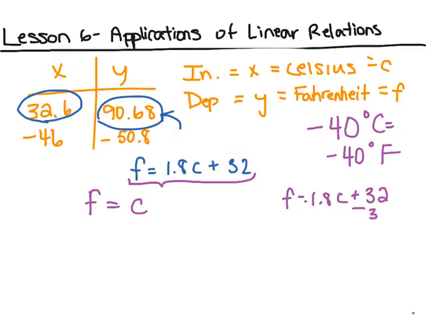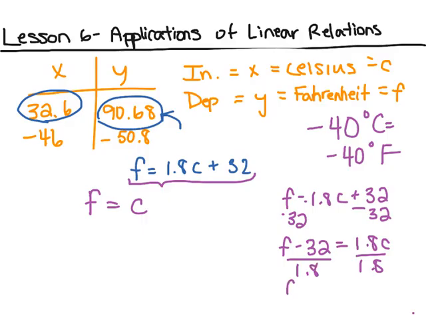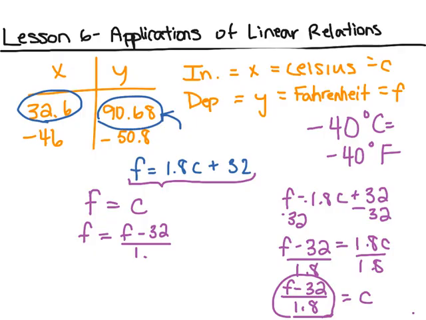We're going to minus 32 from both sides. So you have F minus 32 is equal to 1.8 C. Now we're going to divide by 1.8. So C is equal to F minus 32 over 1.8. The reason we have to do this is we have to put C in terms of F. So rather than writing a C, we can write F minus 32 over 1.8. And now all we have is F, so we can solve for our variable.